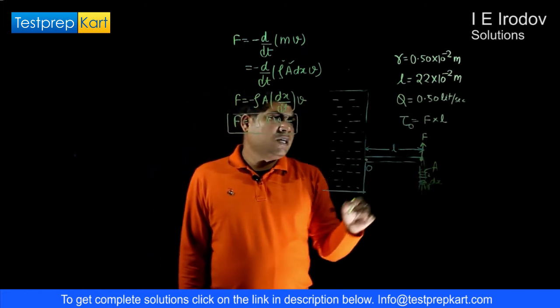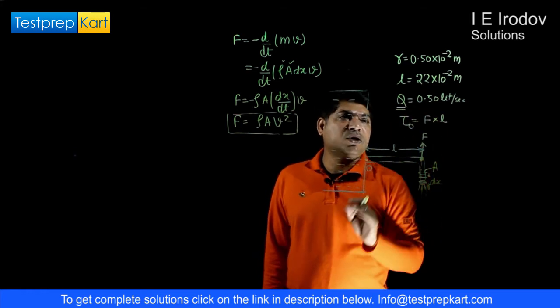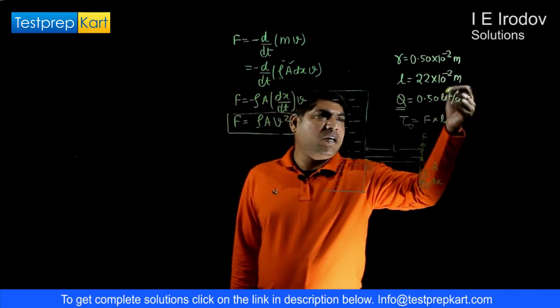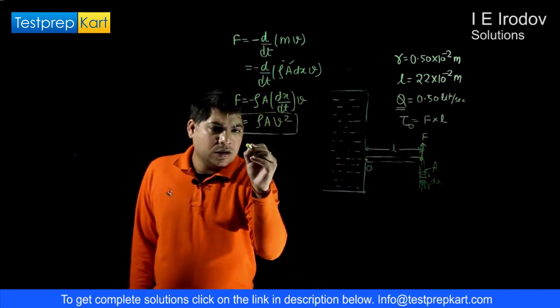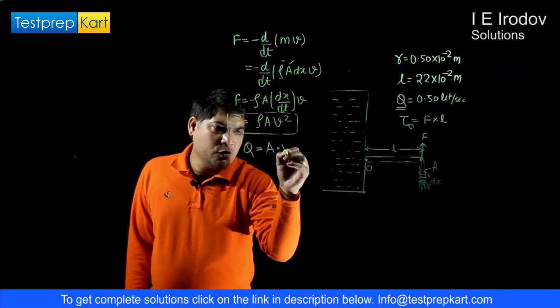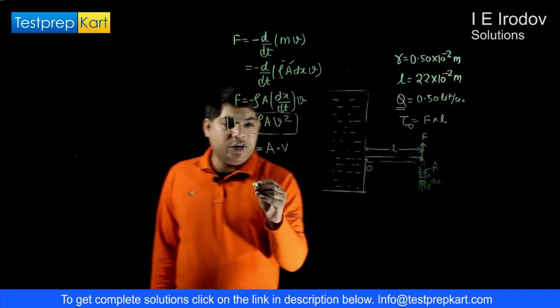Now, the question says the outflow rate Q is equal to 0.5 liter per second, which we can take in centimeter cube. So Q is equal to A into V, where A is the area of this opening and V is the velocity.